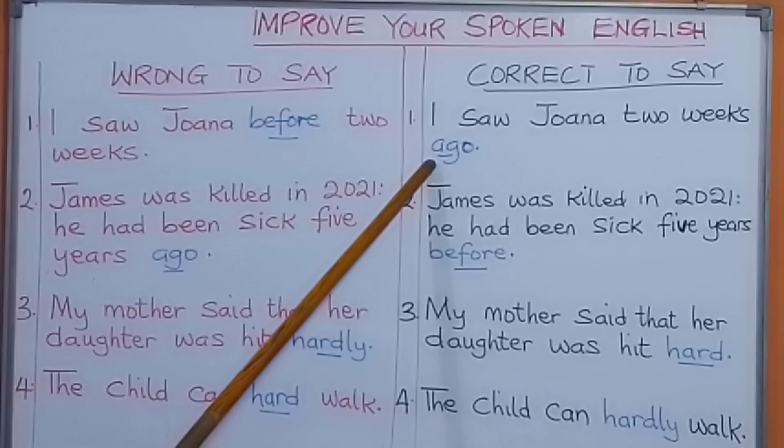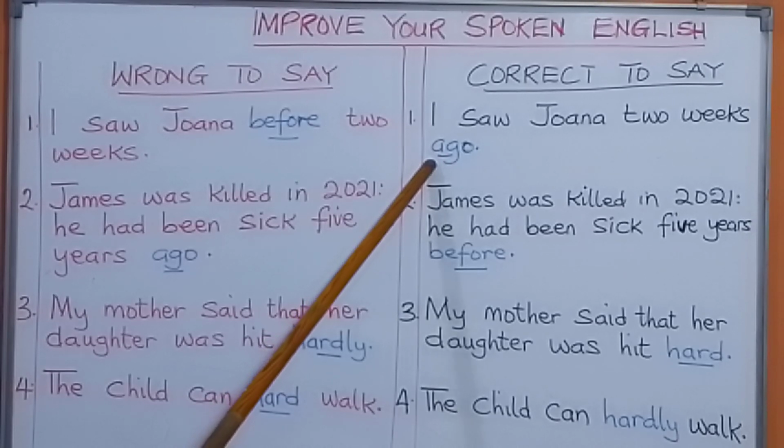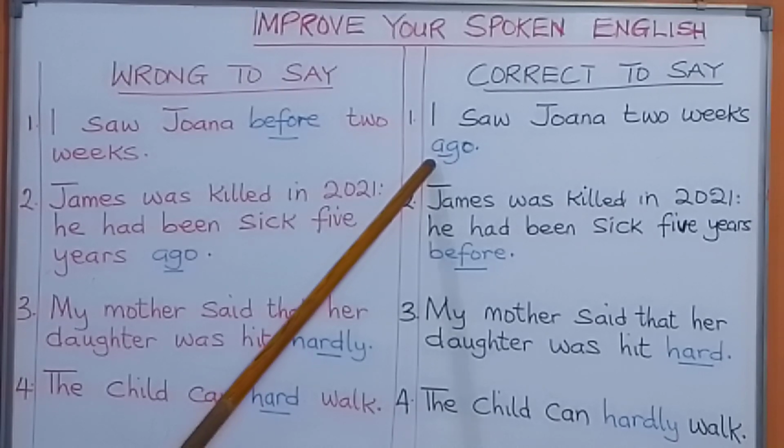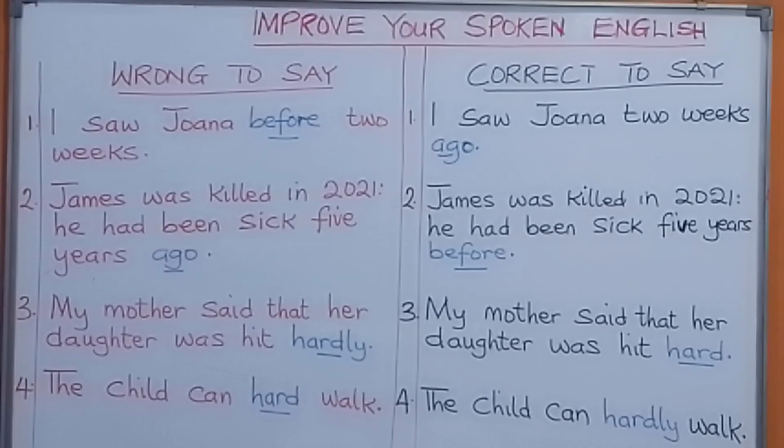But we use ago in counting from the time of speaking to a point in the past. If you are counting from the time you are speaking to a point in the past, then you use ago.